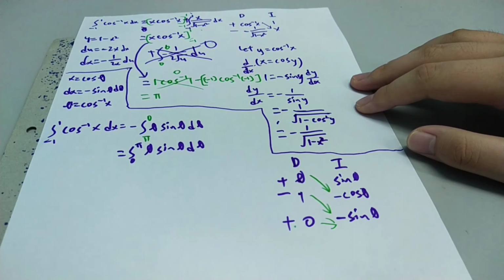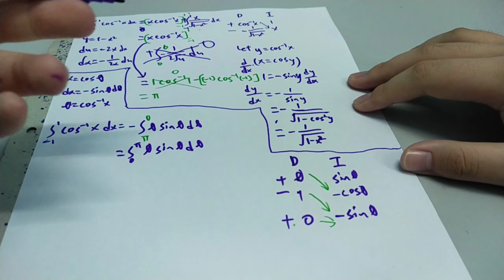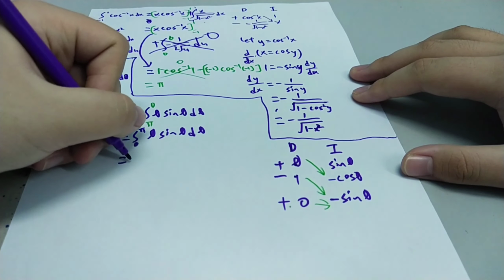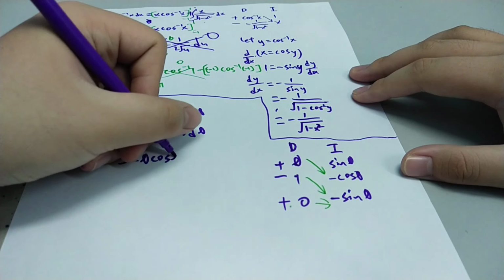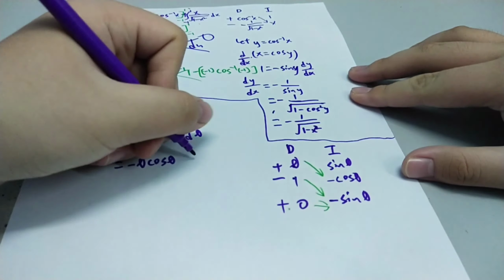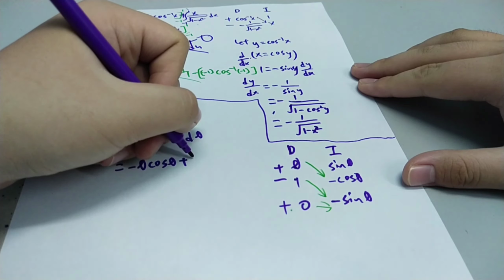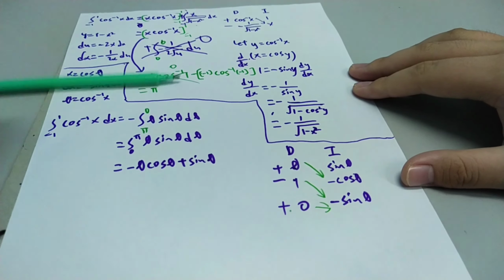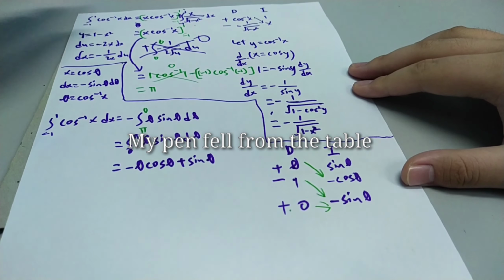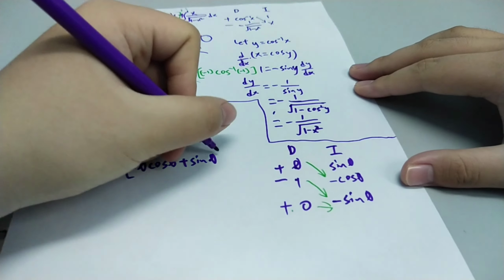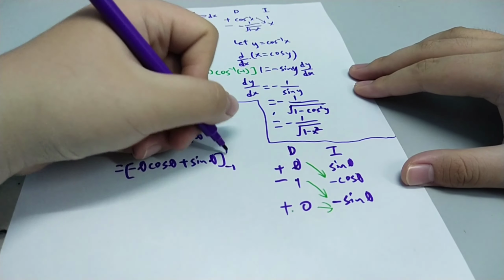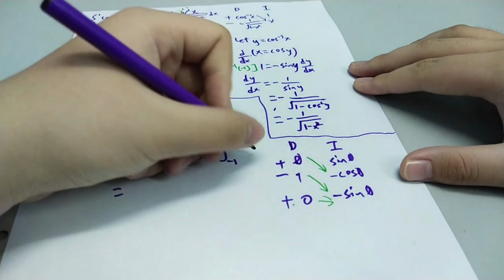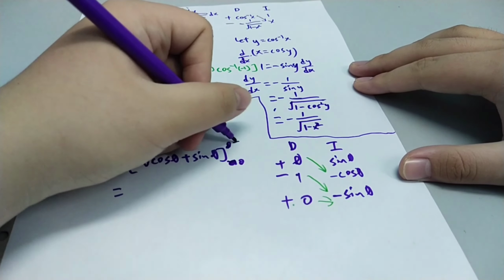So this integral is equal to negative theta times cosine theta plus sine theta, from 0 to pi.